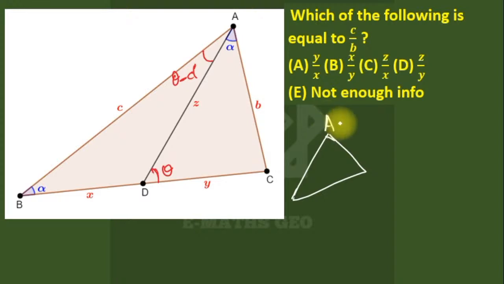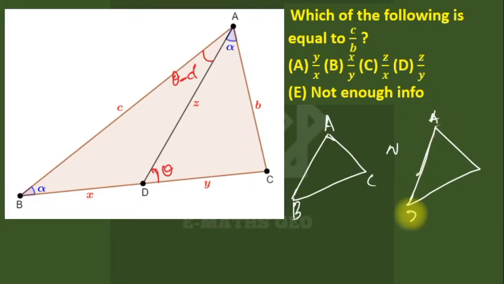So this one, A, B, C, is similar to the other one, which is A, D, C. So A, B, C: this is x plus y, this is C, and this is B. Why this one is C, this is Y, and this is B. So the two triangles are similar, yes, because this angle here is alpha, while this is theta.